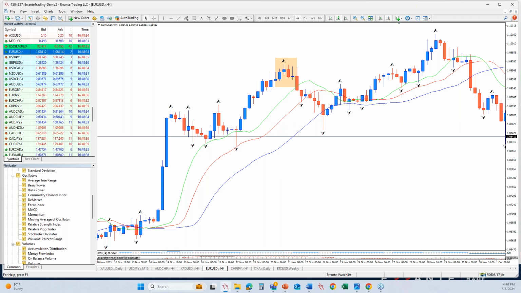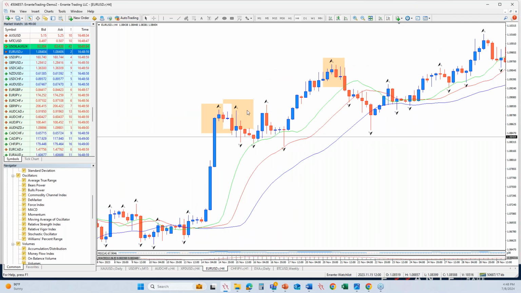Okay, so an up fractal is formed when the highest high is preceded by 2 lower highs and followed by 2 lower highs. So this is the highest high among 5 candles, and here it is. A bullish signal: when an up fractal appears, it suggests a potential reversal from a downtrend to an uptrend.